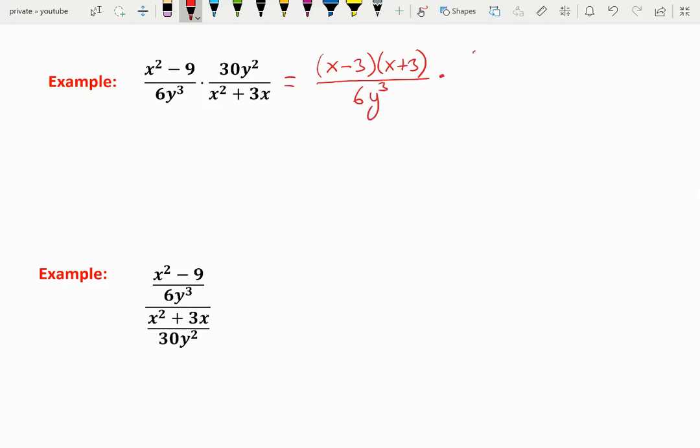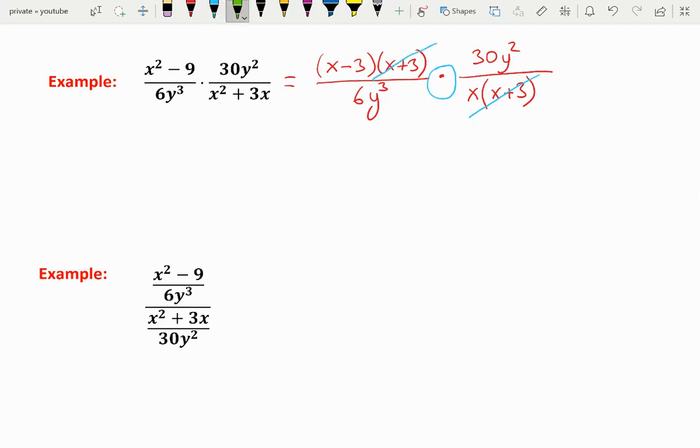Multiply by 30y squared. And here, in x squared plus 3x, I can write x outside the parentheses and inside the parentheses x plus 3. So let's simplify some of them. Since here I have multiplication, I can cancel this x plus 3 and this x plus 3.